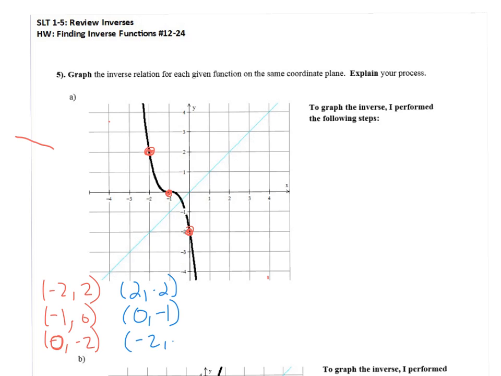And I'm a visual person. I like to see the coordinates written out, so then it's easier just to graph (2, -2), (0, -1), and then (-2, 0).